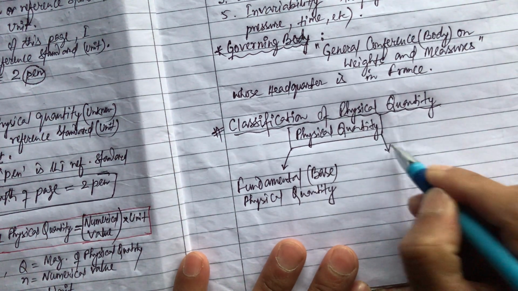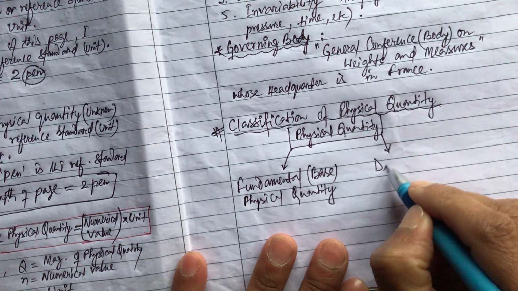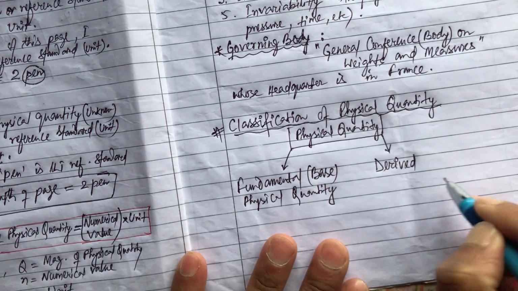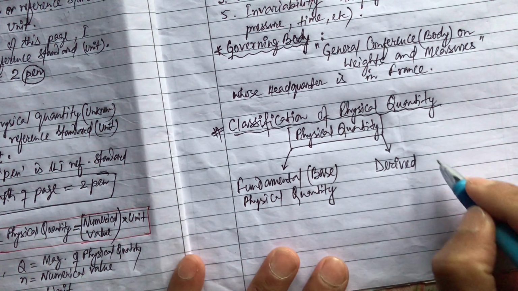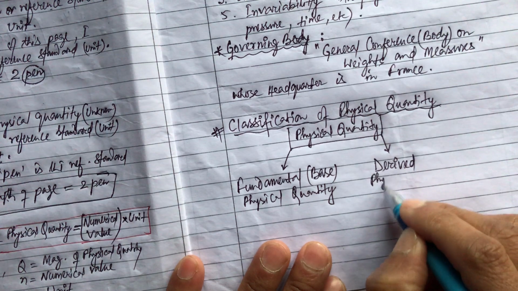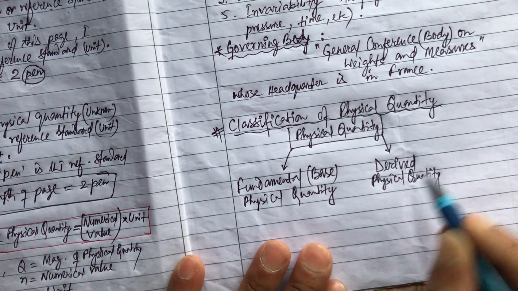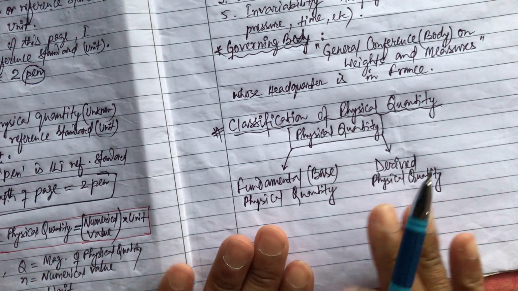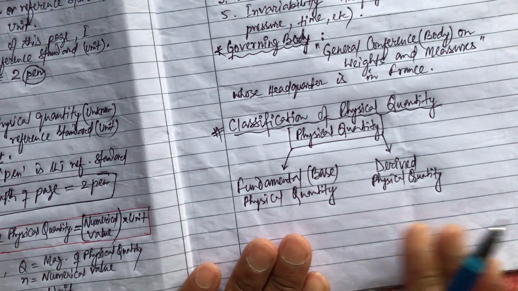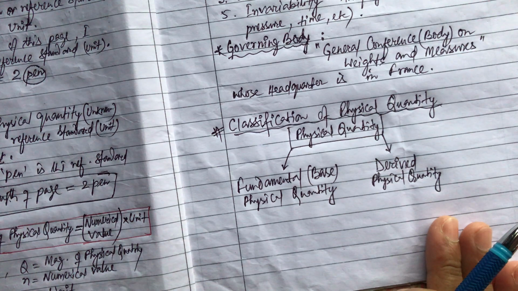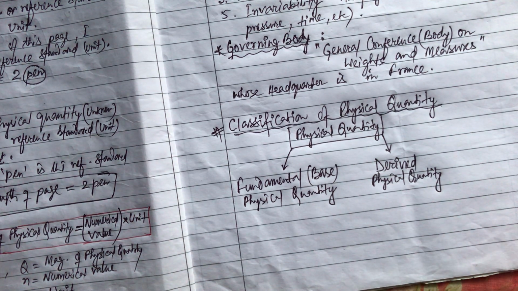And the second type of physical quantity we call derived physical quantity. Okay, so these are the two classes of physical quantity. Again, when we go further, we'll find some more divisions there.